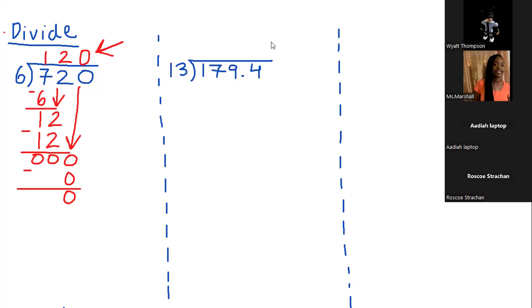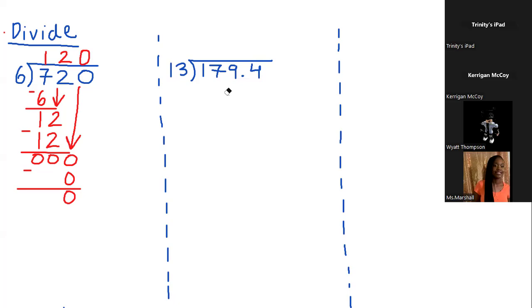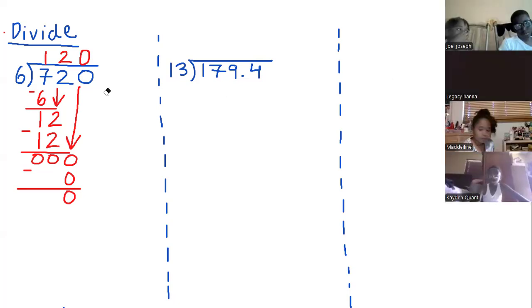Now, Daniela, do you understand how I got 120? Yes, sir. How did I get 120? What did I do? You divide 7 and you got 1, and you subtract 7 over 6 and got 1.